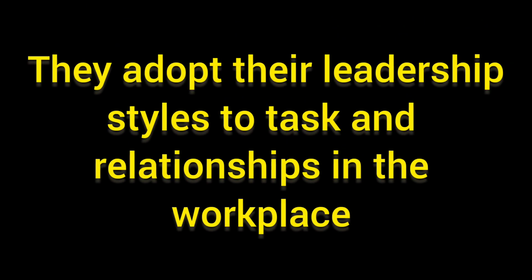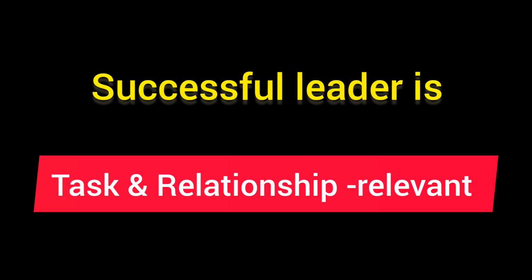So we have already said the model is basically a flexible type of model. Managers always adapt their leadership style to task and relationship in the workplace. So a successful leader is of two types. The first one is task relevant, and the second one is relationship relevant.